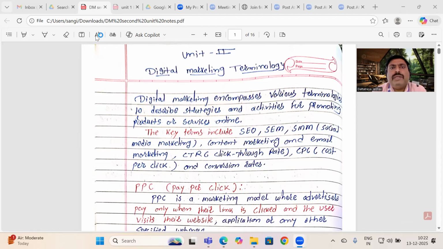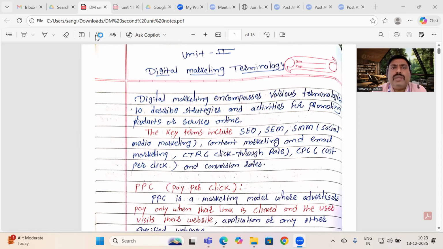So digital marketing terminology is mostly used to describe the strategy and activity for promoting your product, and the type of services we provide to the customer online.